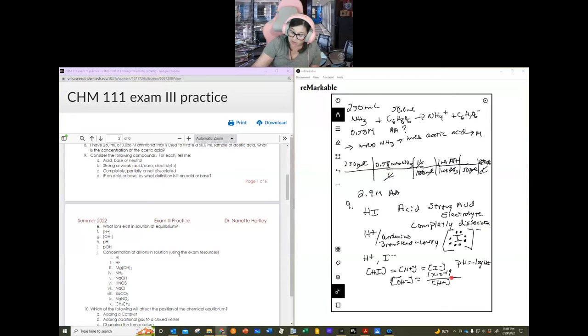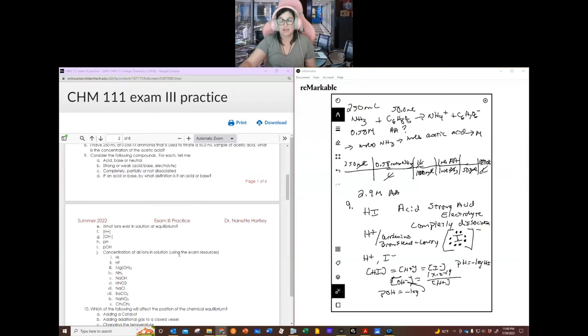And once I find my OH concentration, pOH equals the negative log of that. Okay. Helpful? Maybe. And of course, I can't solve for actual concentrations because I didn't give you any concentrations to start with.